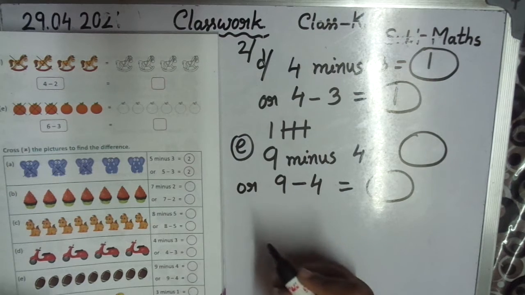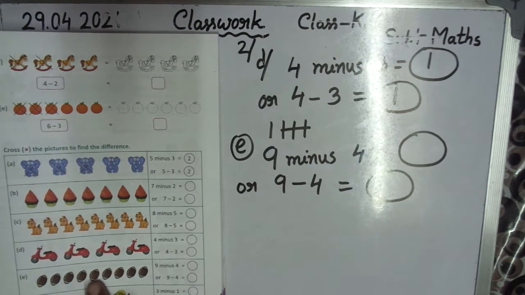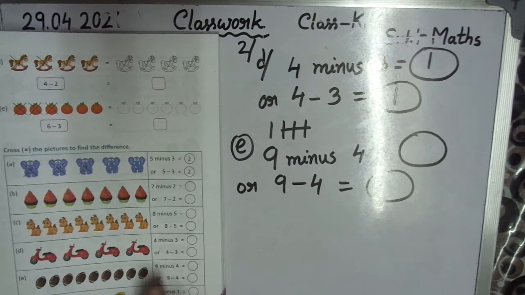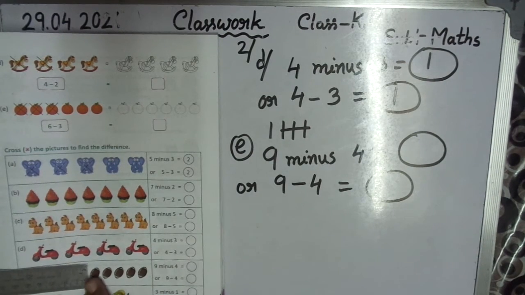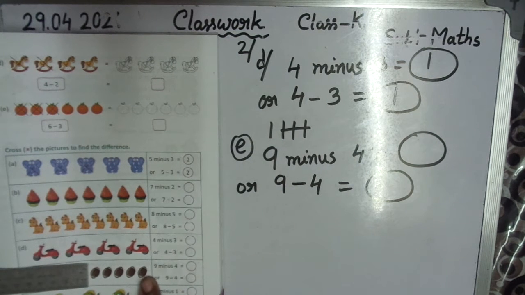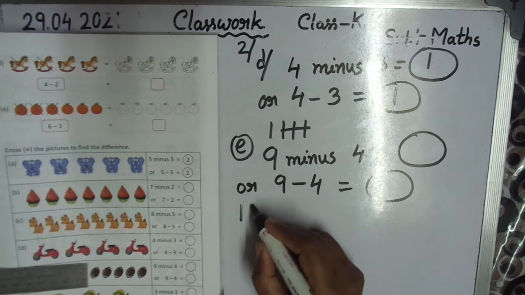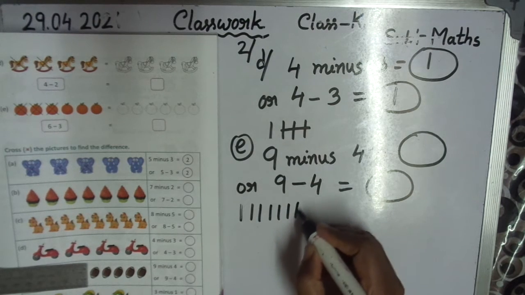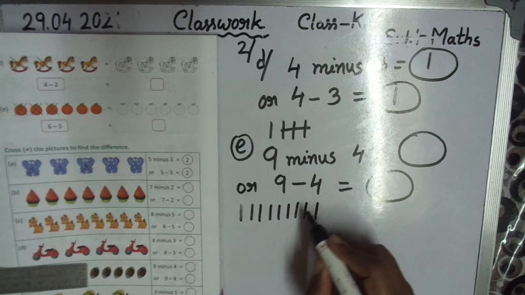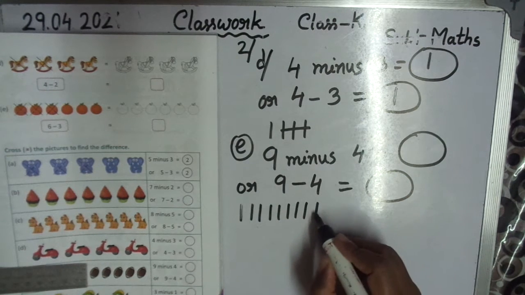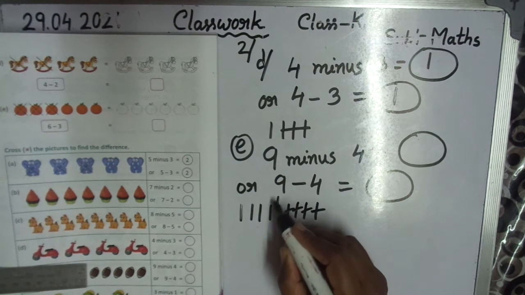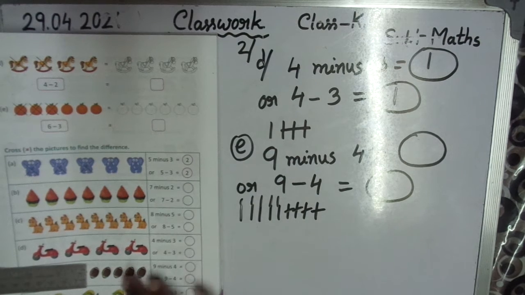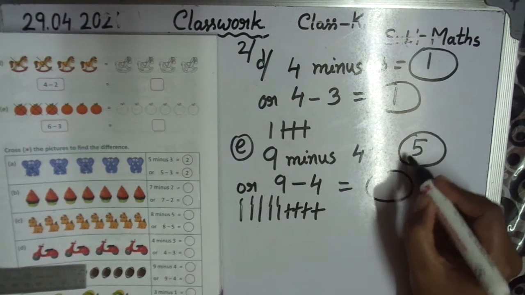So 9, you count here, 1, 2, 3, 4, 5, 6, 7, 8, 9. 4 minus, so 1, 2, 3, 4. Now you count children, 1, 2, 3, 4, 5. 5 is the answer. Now I draw here 1, 2, 3, 4, 5, 6, 7, 8, 9. So 4 minus, 1, 2, 3, 4. Now you count 1, 2, 3, 4, 5. Same answer. So write here the answer.